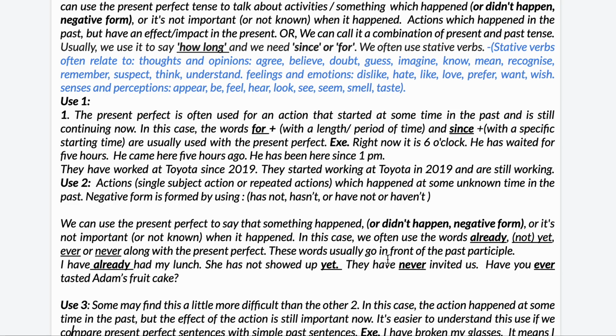These words usually go in front of the past participle. Now, what's the meaning of past participle? Past participle means the third form of the verb.